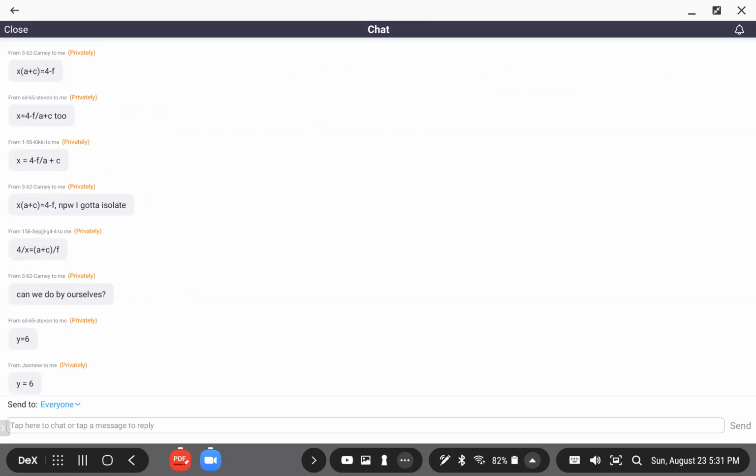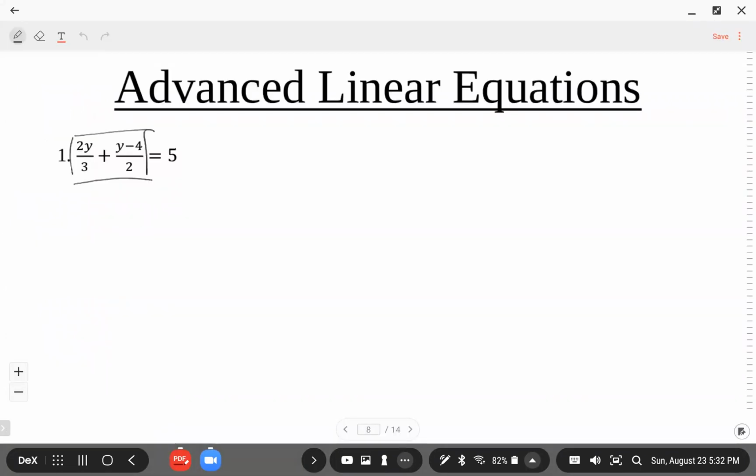Stephen and Jasmine says y equals 6. And then Eric agrees. Any more answers? Okay. And Ethan also says y equals 6. Very good. Very fast. I'll go back to the slide, and then you guys can have a bit more time to work on it.